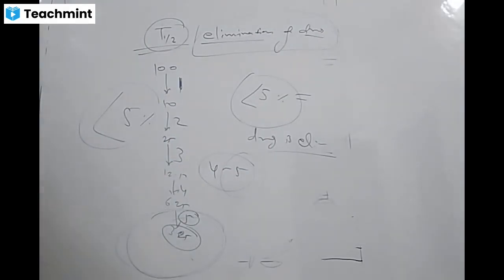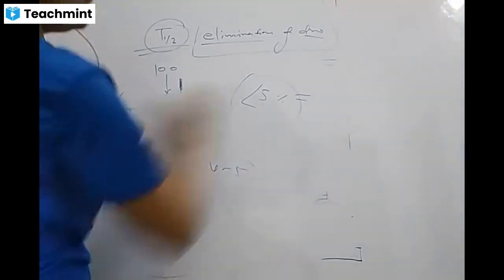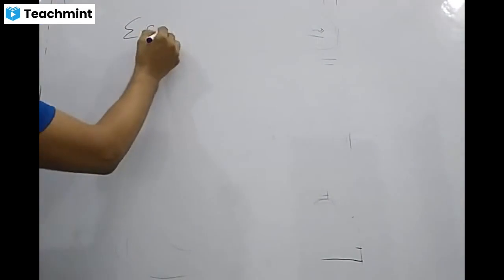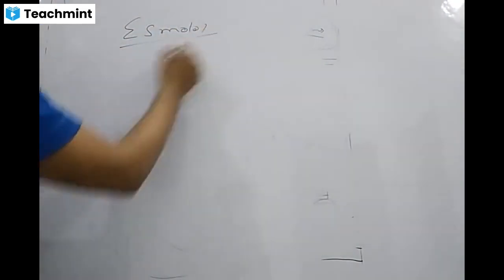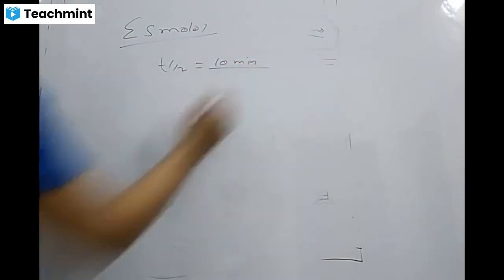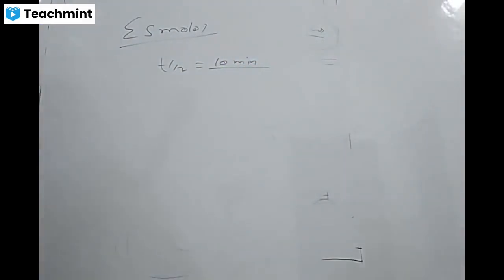I will give you 2 examples of this elimination. There is one beta blocker drug, we call it esmolol. It has a half-life of 10 minutes.